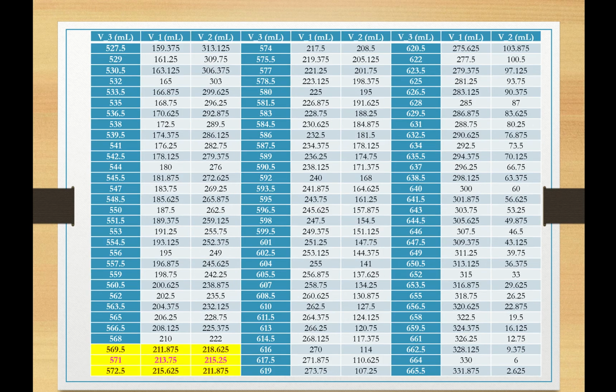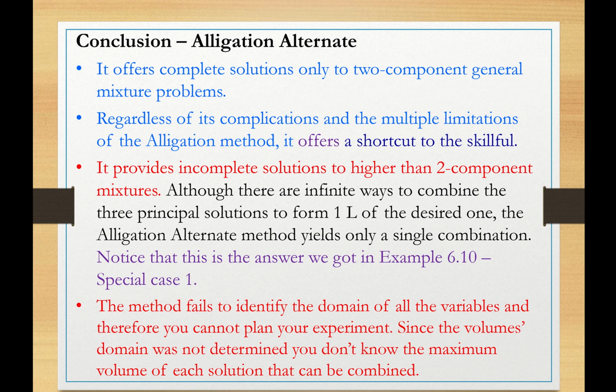Okay, so let's conclude our lecture today about alligation alternate. What are the advantages? Well, it offers complete solutions only to two-component general mixture problems. They don't have to be mixture composition problems, they could be other problems too, but it's only good for a two-component mixture problem.